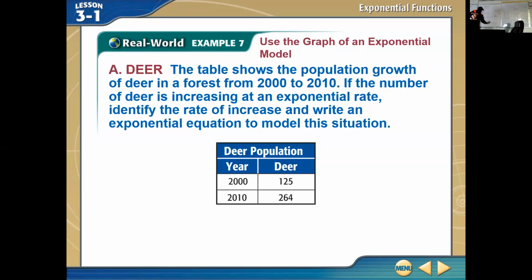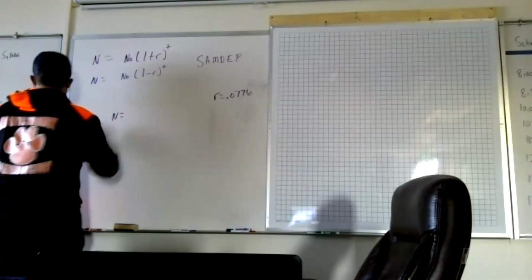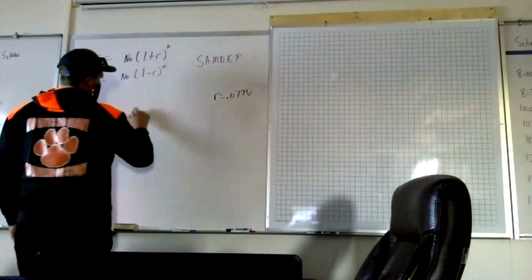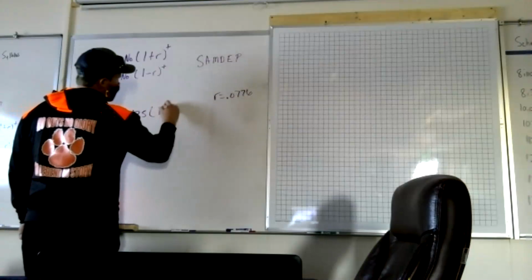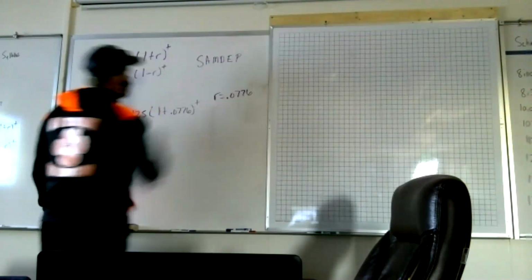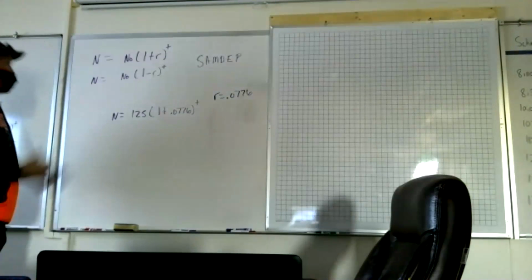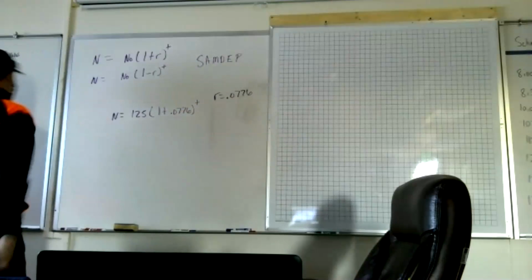So my model, when it's all said and done, is going to be N is equal to 125, because that's still my initial population, times the quantity of 1 plus 0.0776, to the t. If I were to graph that and plug in 10 for t, I should end up with 264.